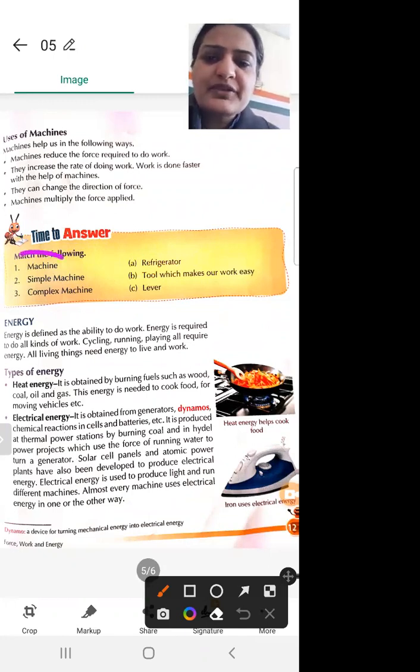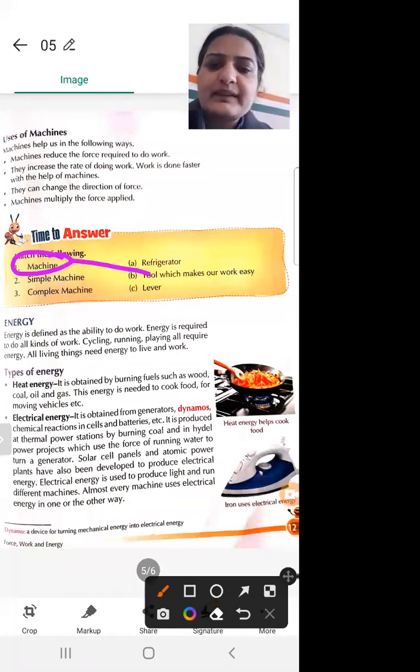So machine, what is the use of machine? Tool which makes our work easy. And what is the example of simple machine? Lever. And what is the example of complex machine? Refrigerator.